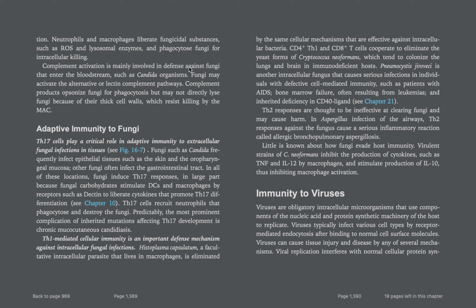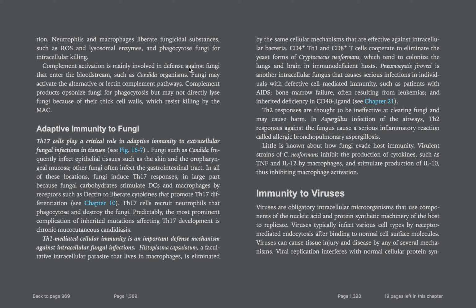Adaptive immunity to fungi. T helper 17 cells play a critical role in adaptive immunity to extracellular fungal infection in tissue. Fungi such as Candida frequently infect epithelial tissue such as the skin and oropharyngeal mucosa. Other fungi often infect the gastrointestinal tract.